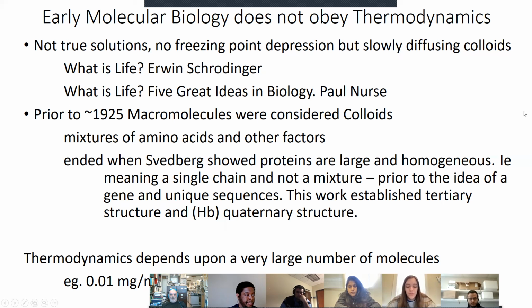They make the point that we have sort of already made, but we will make it again and again, and it's down below here. Can you see that cursor as clearly as, well, oh, this is not showing up. Here we go. Thermodynamics depends upon a very large number of molecules.